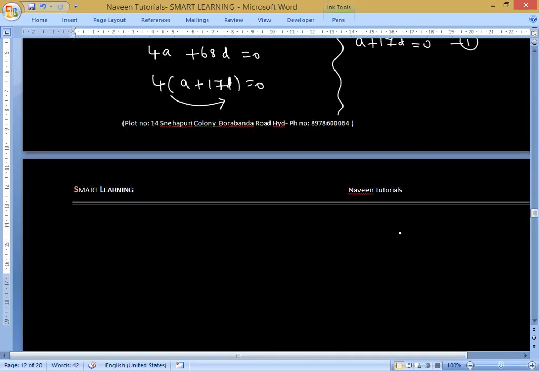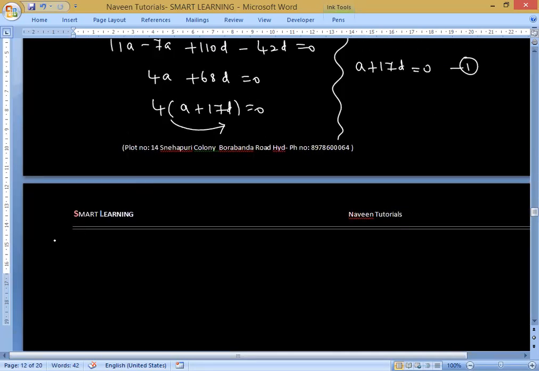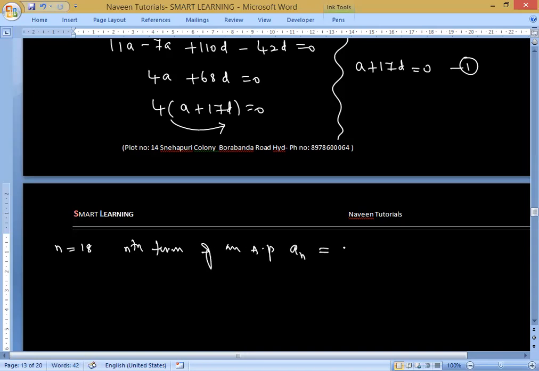Then if n is equal to 18, what is the formula for the nth term? The nth term of an AP, an is equal to A plus n minus 1 into D. Then A18 will be A plus 17D.